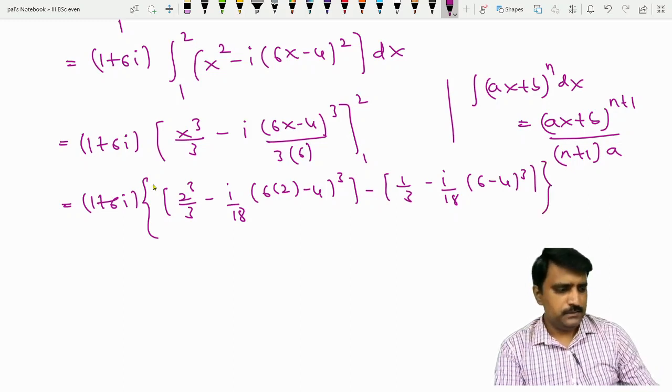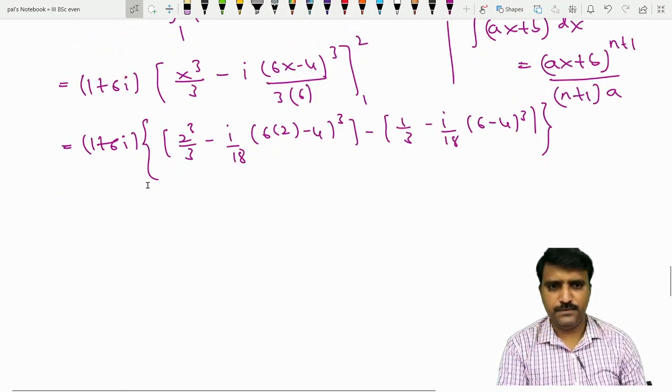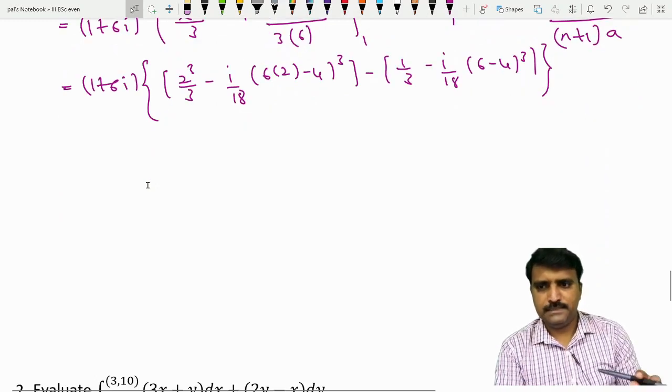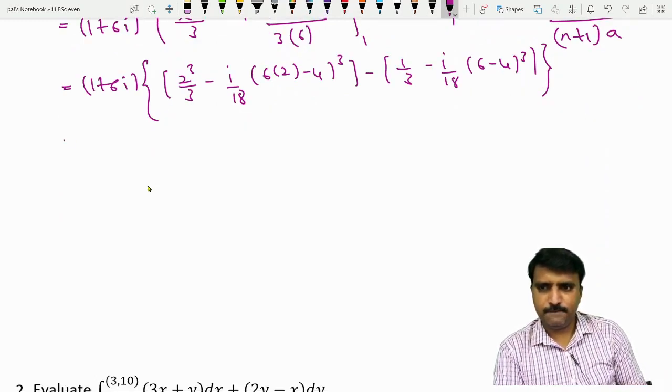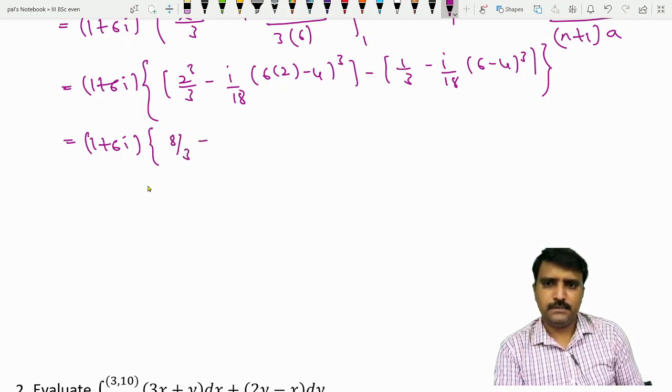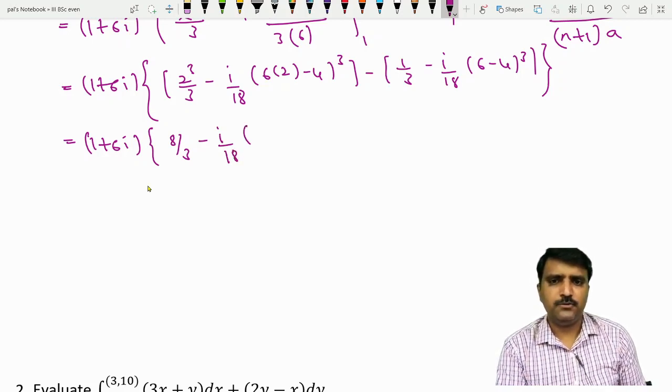Okay, next step you have to simplify this, which is equal to 1 plus 6i, and this is 8 by 3 minus i by 18 into 6 2s are 12, 12 minus 4 is 8, so it is 8 cube.